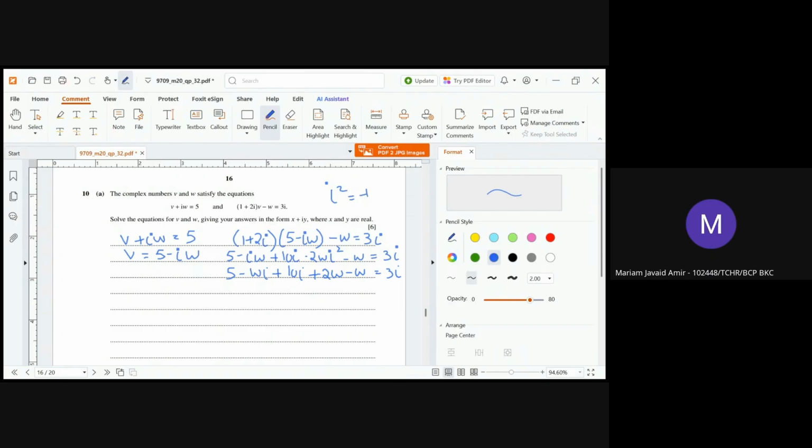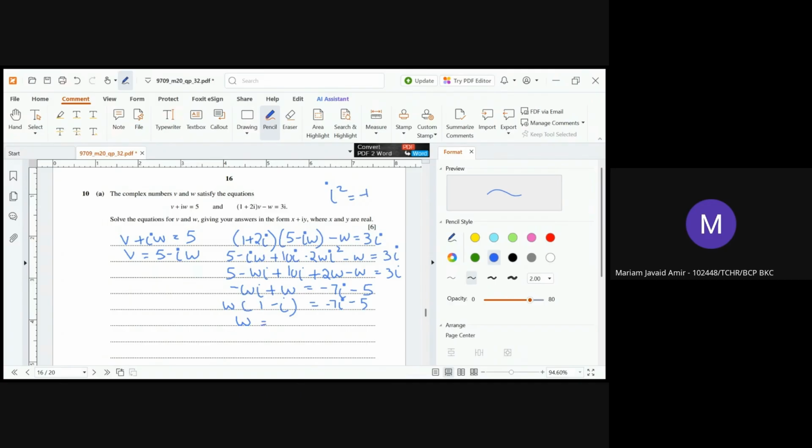Okay, so now let's keep the w terms on one side. We'll have minus wi plus w is equal to, moving all the non-w terms to the other side, 3i minus 10i would be minus 7i, and then we have a minus 5. W common, we'll have (1 minus iota) w is equal to minus 7 iota minus 5.